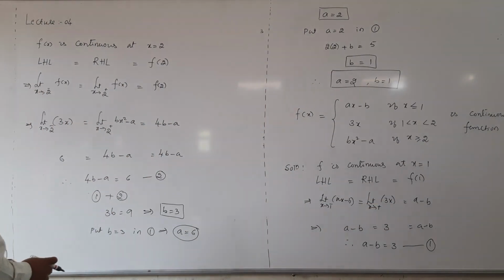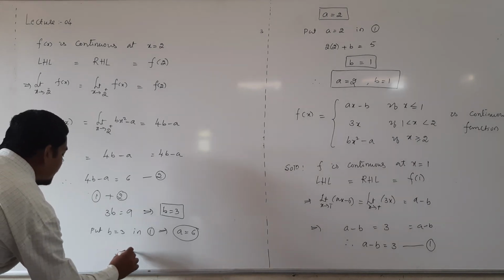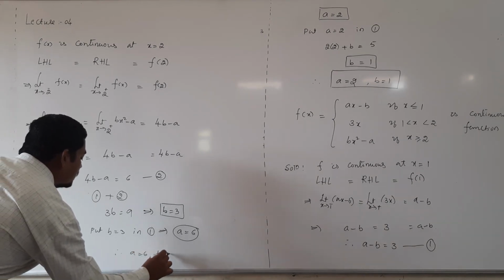A value 6, b value 3. Therefore a equal to 6 and b equal to 3.